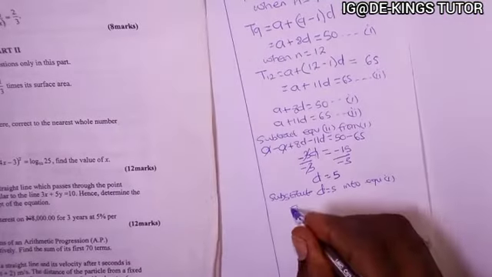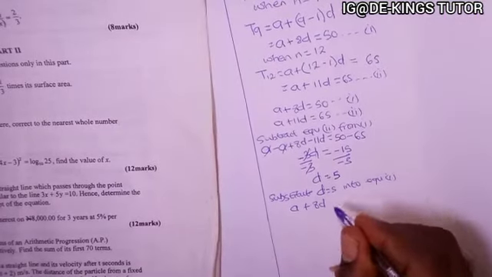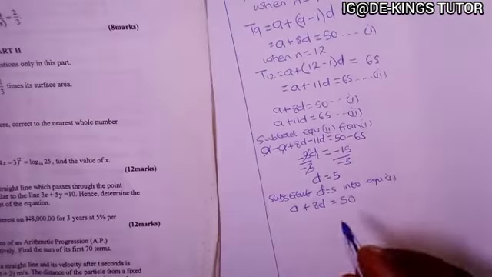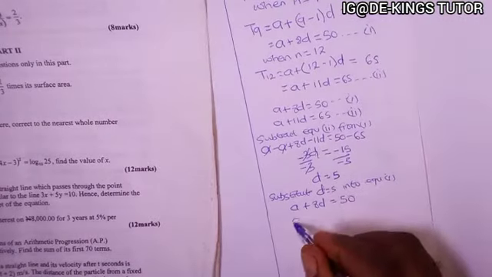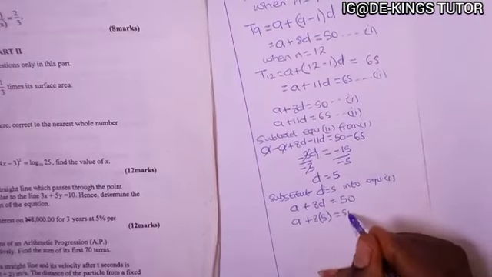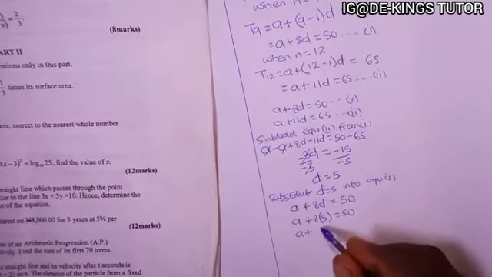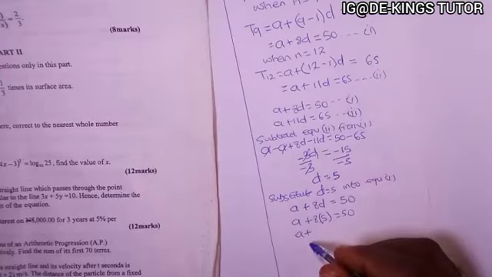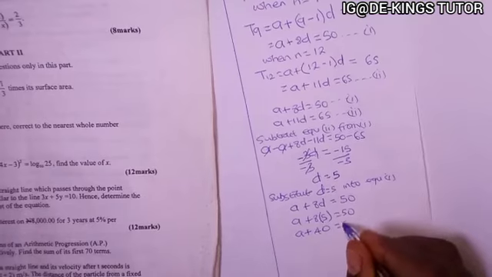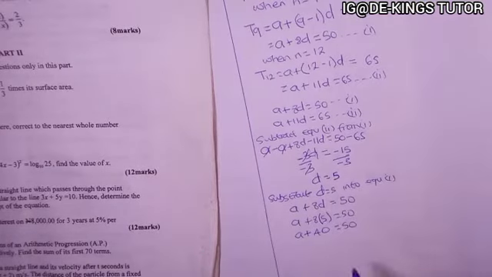Equation 1 is a plus 8d equals 50. So substitute d as 5. We have a plus 8 times 5 equals 50. 8 times 5 is 40, so a plus 40 equals 50.